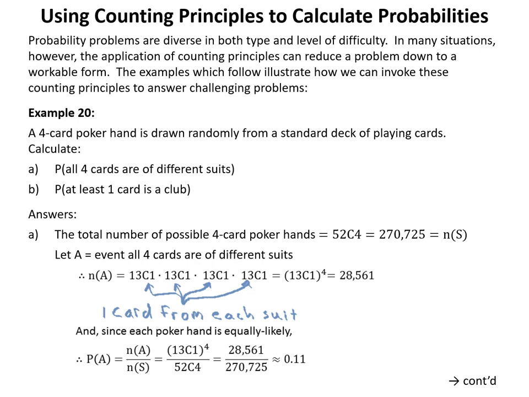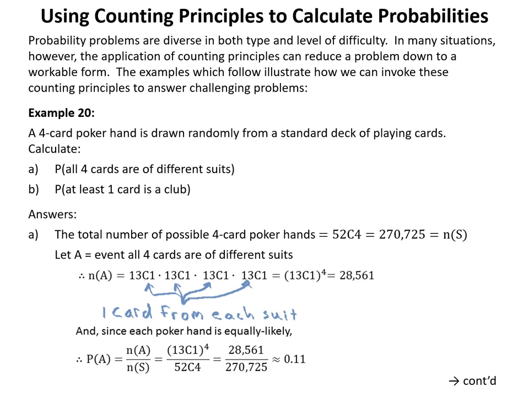To answer these questions, we start with part A. We can start by looking at the overall sample space, and that will apply to both parts A and B. The total number of 4-card poker hands, which comprises our sample space, is simply equal to the number of ways of choosing 4 cards from a deck of 52.